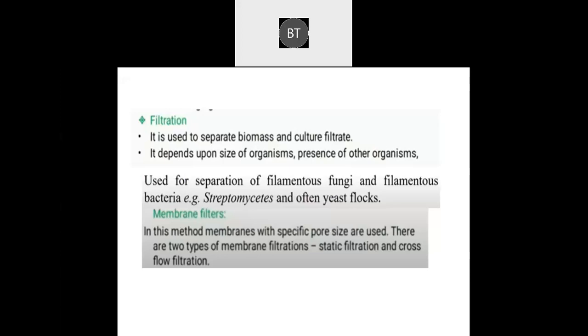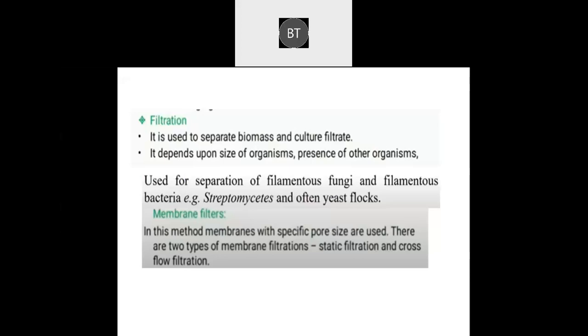So, filtration is used to separate your biomass and the culture filtrate. As I told earlier, it depends upon the size of the organisms, or if any other microorganisms are also present.